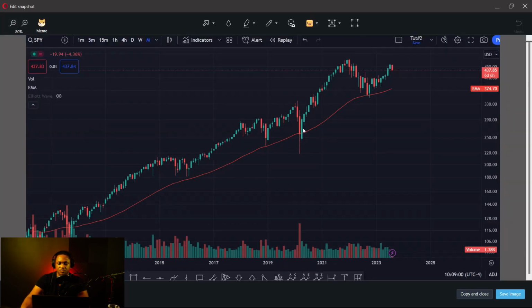This was the COVID-19 over here, and this is 2022 when we started having all the issues with inflation, all the interest rates going up. It's been a while now, so this is 2022. So these are the latest major swings we have.